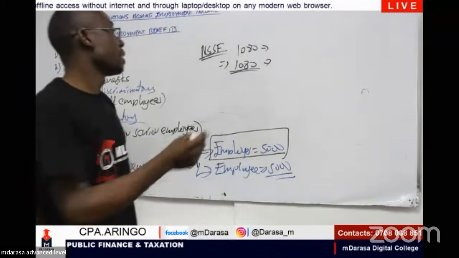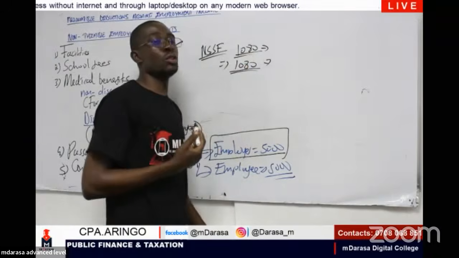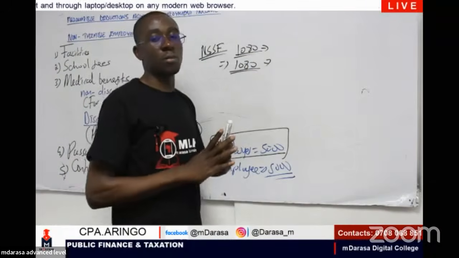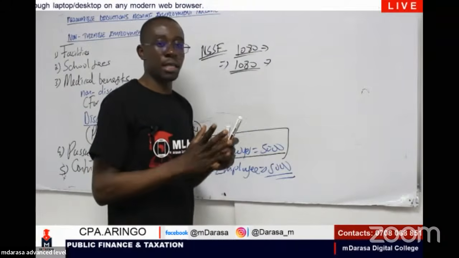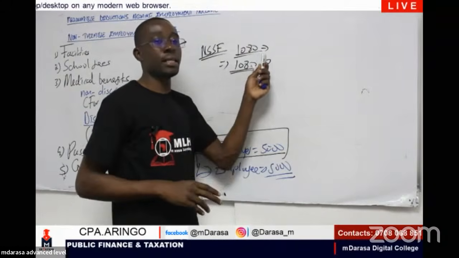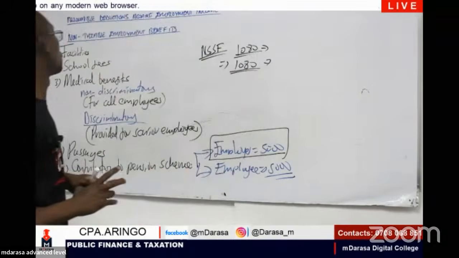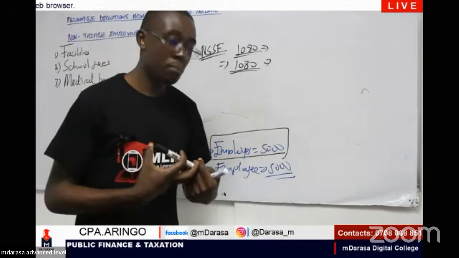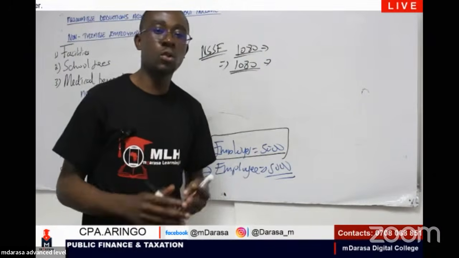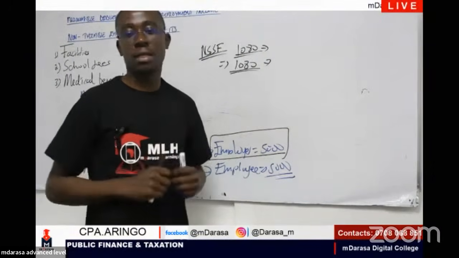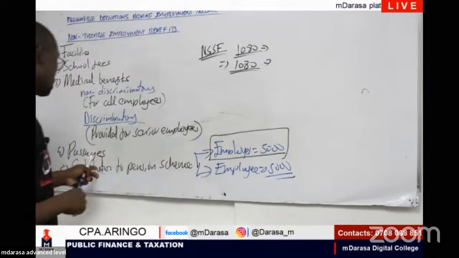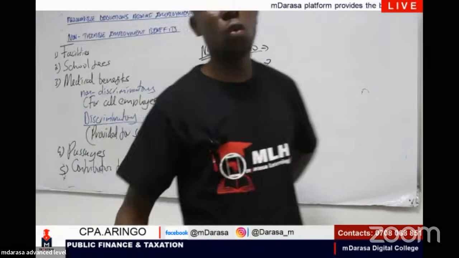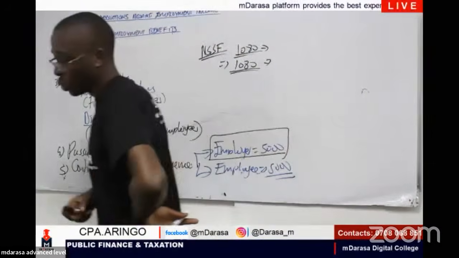So the amount that the employer is contributing on my behalf is going to be deducted from whatever I'm supposed to have as income to be taxed. Therefore, that's why we're saying that it is non-taxable. Yes, it is a benefit, but I'm not supposed to subject it to tax. That is what you're referring to as contribution to pension scheme paid by the employer on behalf of the employee. Very important to note.